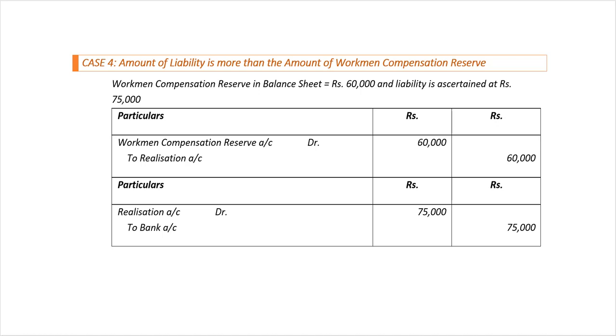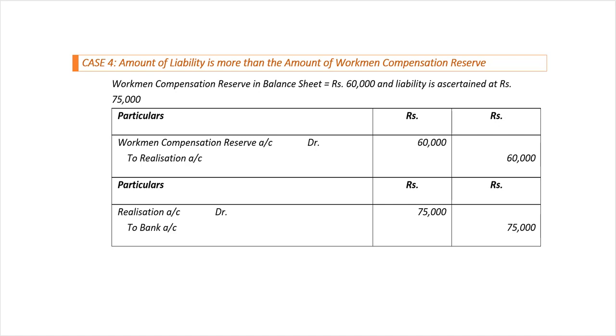Let's discuss the next case when the amount of the liability is more than the amount of the Workmen Compensation Reserve. Let's say the Workmen Compensation Reserve in the liability side of the balance sheet appears at rupees 60,000, and in the additional information we have the liability against the reserve as rupees 75,000. Now in this case, the amount of the claim is greater than the amount of the reserve.